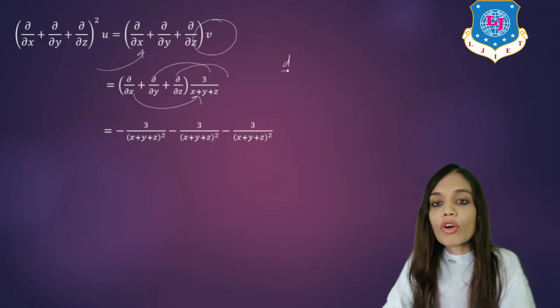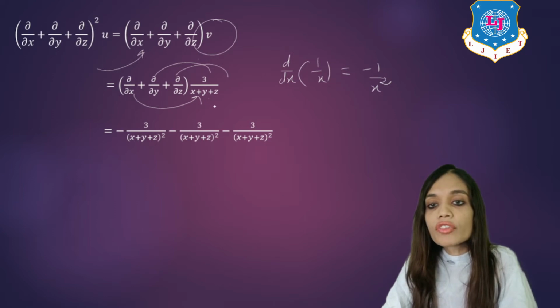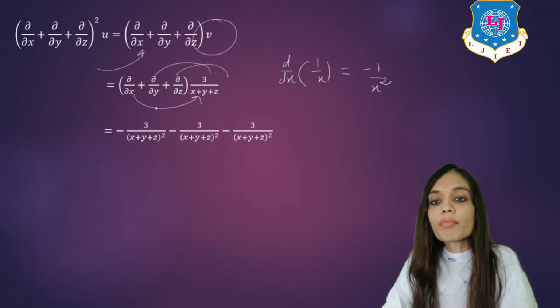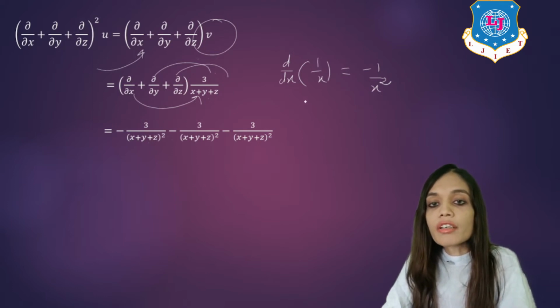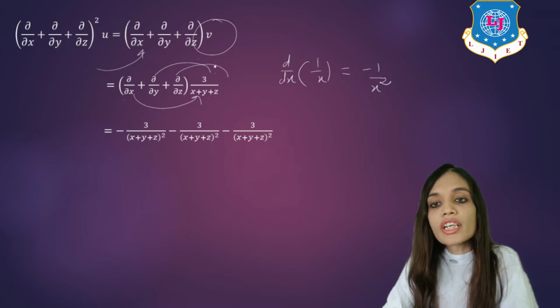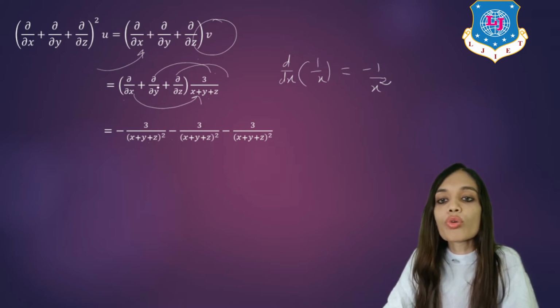So derivative of 1 upon x is equal to minus 1 upon x square. We know this. So derivative of this term will be minus 3 upon (x plus y plus z) whole square. Minus, why? Because we are keeping firstly y and z constant. Similarly, do the derivative of this with respect to y.